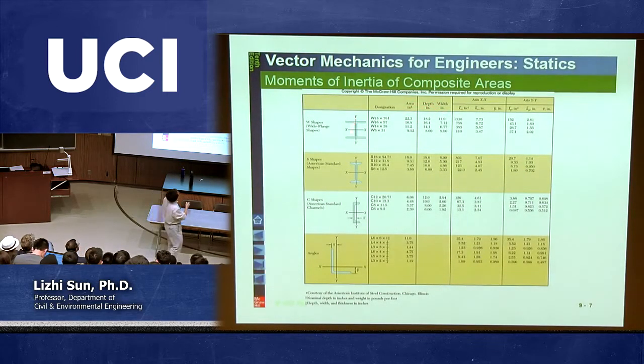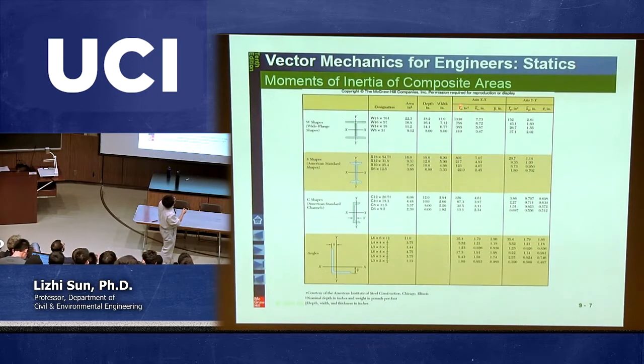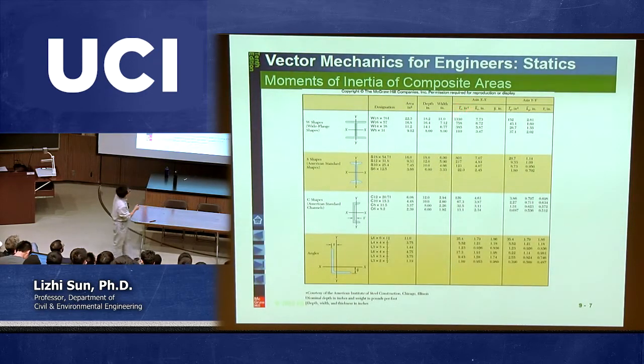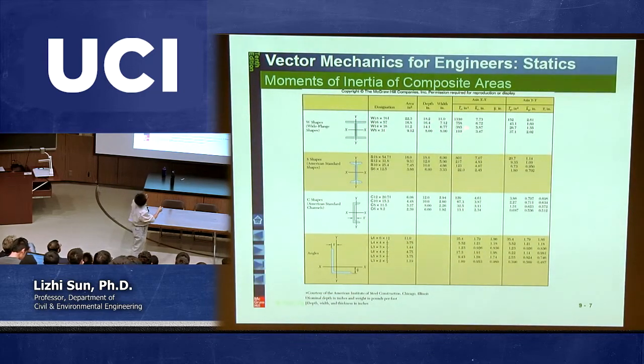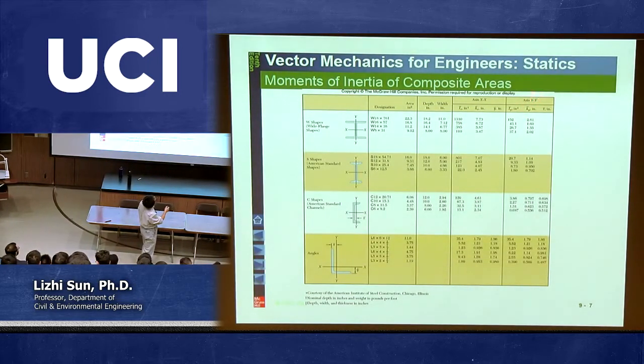If you want to know the specific geometry, we don't need to use this one. However, we do need this I bar, which is the moment of inertia passing through its own centroid, which is 355, right? And also the moment of inertia with respect to the y-axis, which is 26.7. And this K is something else we didn't introduce.